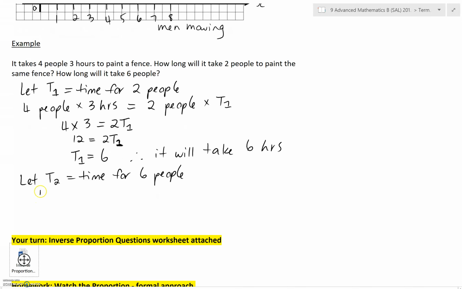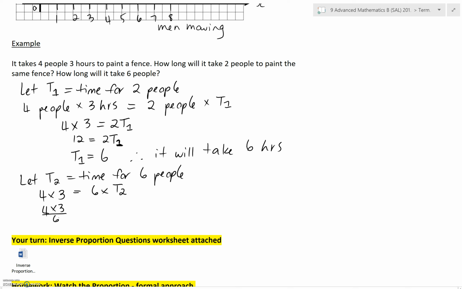So we've got 4 times 3 here, which is what we were told in the question. So 4 people times 3 hours is the same as 6 people times we don't know how many hours, and that's what we're working out, T2. Now I simplified before I rearranged, but there's actually no need to do that. You could also just leave it there and rearrange as it is.